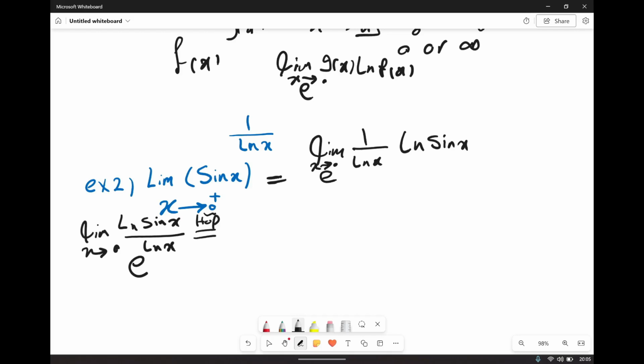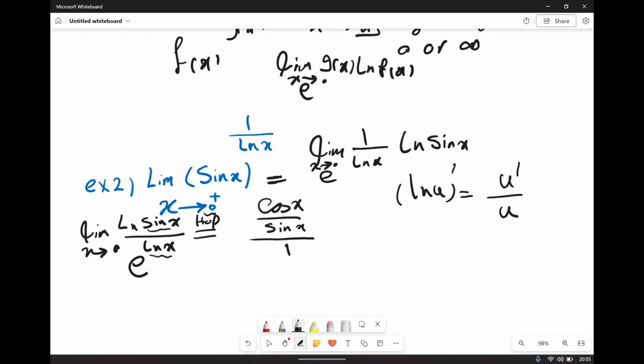Use L'Hopital. You know the derivative of ln u is u prime divided by u. The derivative of sine is cosine x divided by sine x, divided by the derivative of ln x, which is 1 divided by x. Right now limit x goes to positive 0. Right now we must understand something.